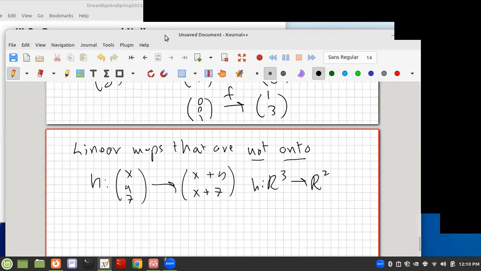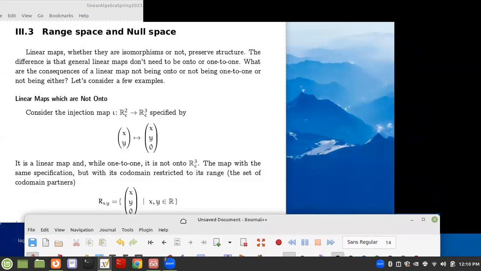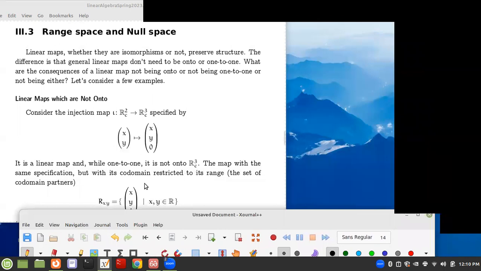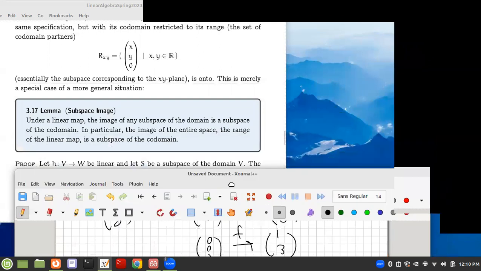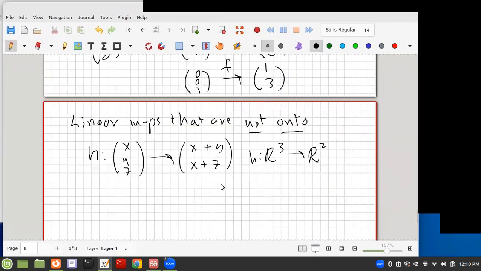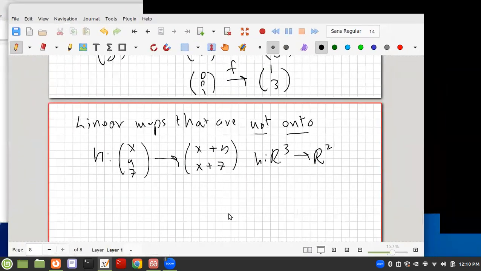Well, let me just go ahead with something. Let's consider the image of all these vectors here. That is, let's say this is the image.